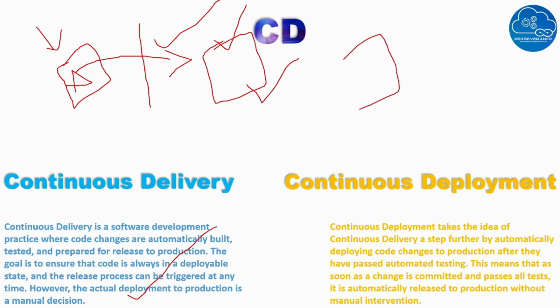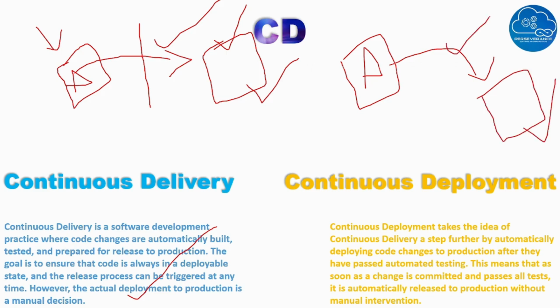In case we have an artifact and it is automatically delivered to the targeted audience in a completely automated fashion, wherein no manual intervention or human effort is required in the middle, that goes with continuous deployment.